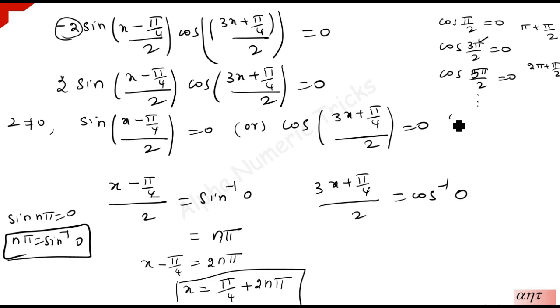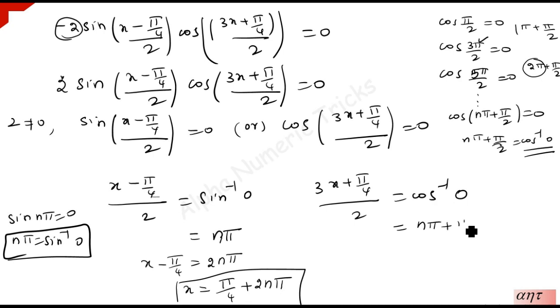In the same way, you can conclude that cos of (n pi plus pi by 2) is equal to 0. Instead of this 2 pi, it goes 1, 2, 3, etc. up to n pi plus pi by 2 is equal to 0. So from that, n pi plus pi by 2 is equal to cos inverse 0.